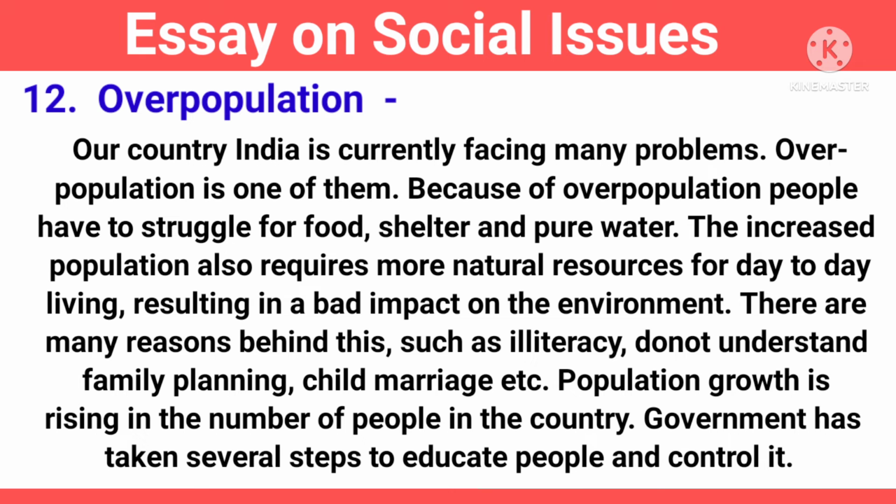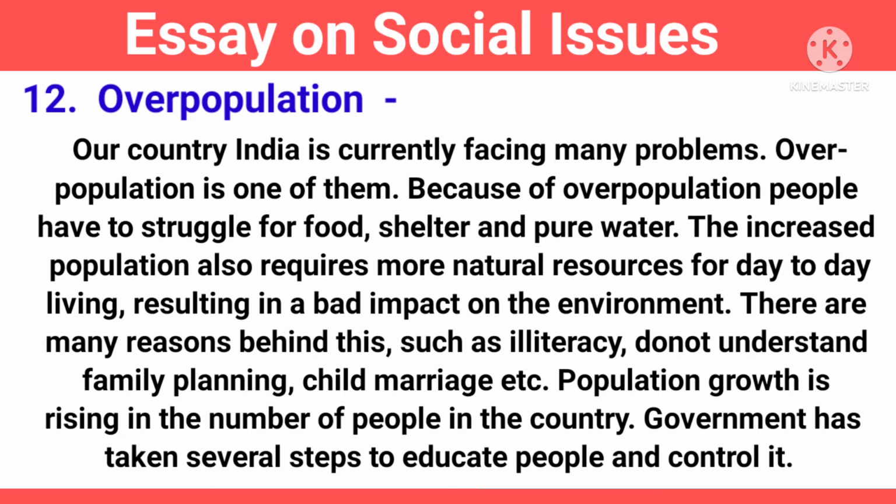12th point is overpopulation. Our country, India, is currently facing many problems. Overpopulation is one of them. Because of overpopulation, people have to struggle for food, shelter, and pure water. The increased population also requires more natural resources for day-to-day living, resulting in a bad impact on the environment.